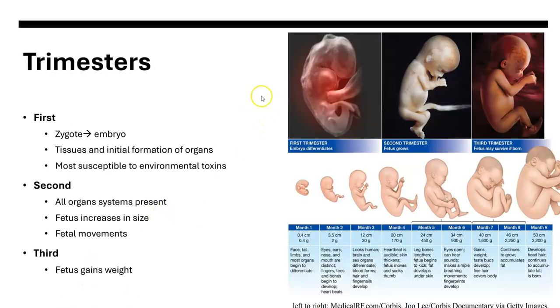Now we're going to fast forward. And here we've got a developing child. So we're going to mention the trimesters of human pregnancy. We've been following this timeline of how embryonic development occurs, what needs to happen first, and the different processes that give rise to an embryo. In humans, when we talk about trimesters, we're breaking up the pregnancy into 3-month increments.